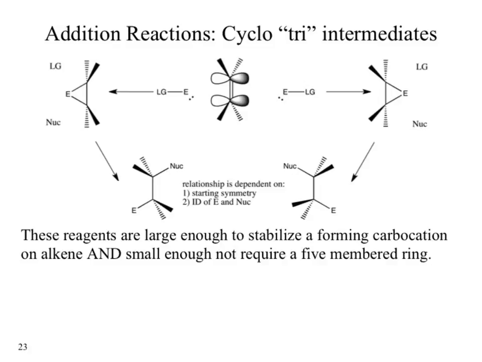What is the difference between the two paths of this reaction? They are mirror images. We're getting pretty much the exact same addition reaction, just in different mirror planes.